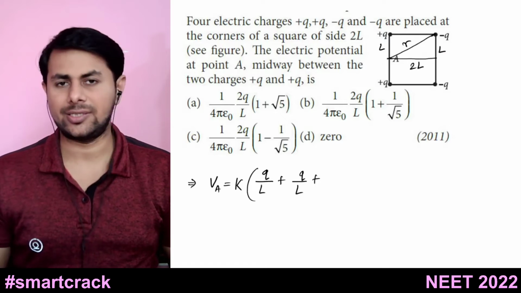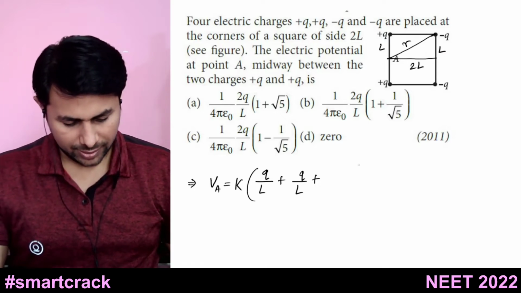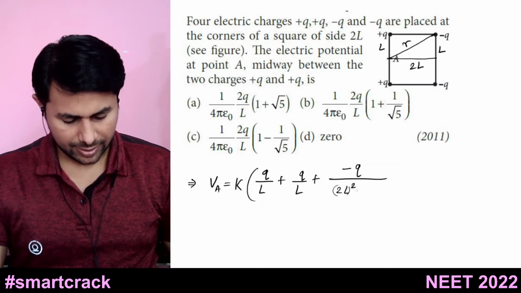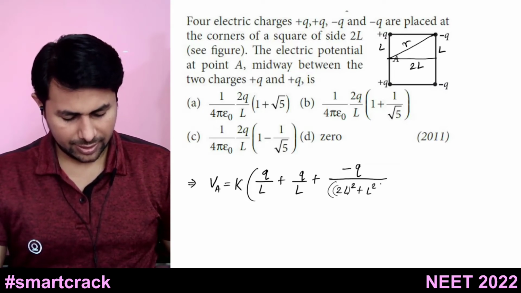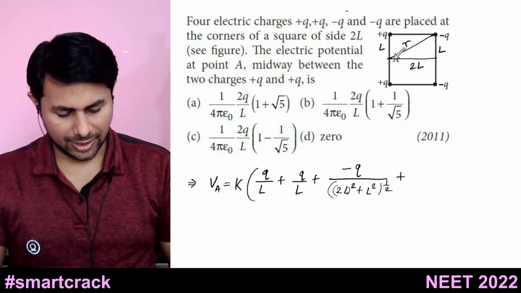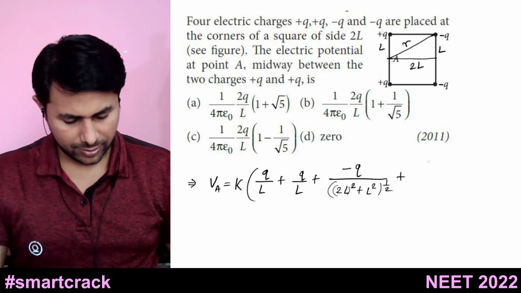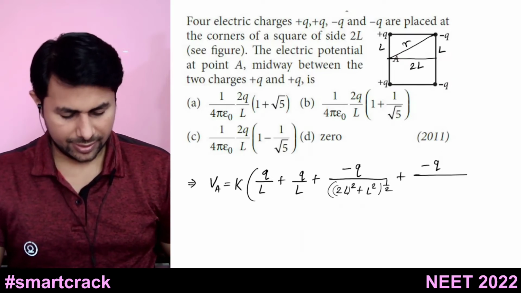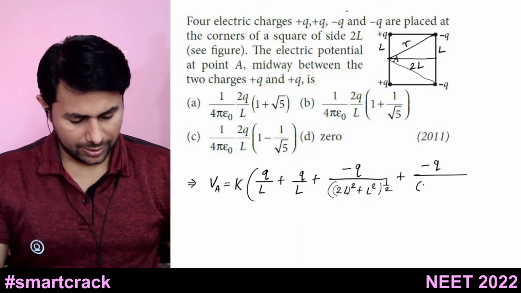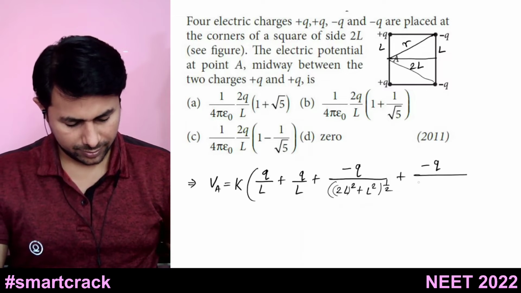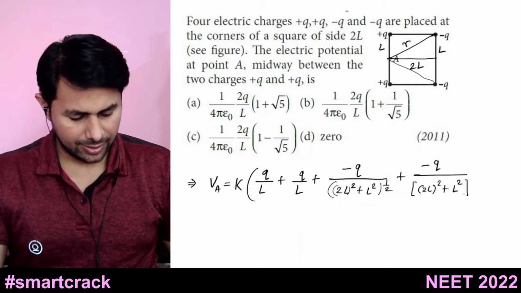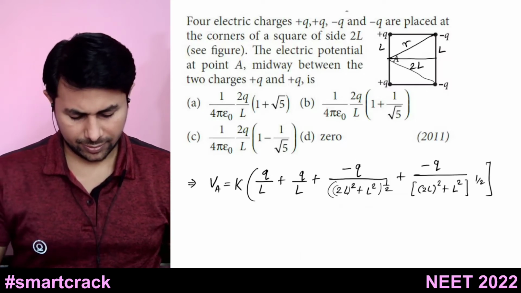So it is minus q divided by (2l square plus l square) raised to half, and plus again minus q divided by, again the length of this side will also be the same, (2l square plus l square) raised to half.